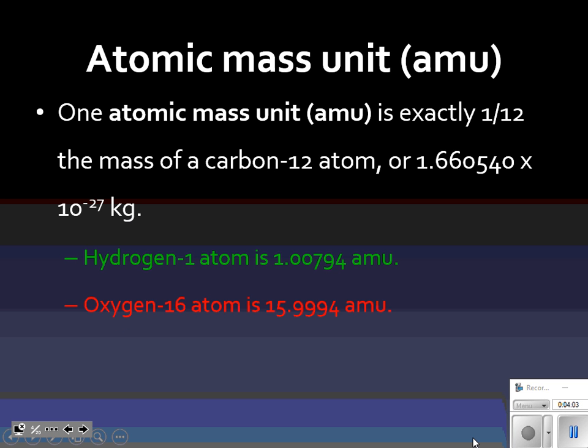Hydrogen, 1, has an atomic mass unit of 1.00794. Oxygen, 16, atomic mass unit 15.9994. Magnesium, 24, 24.3050 AMUs. Ladies and gentlemen, what do those numbers look like?